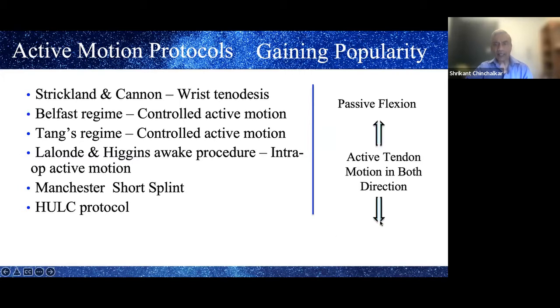We can see that there is active tendon motion in both directions, towards flexion and towards extension as well. By doing active motion in both directions, the tendons have a greater ability to glide proximally and a greater ability to glide distally. Now, I would like to bring to your attention that whenever we perform motion in extension, both these tendons glide distally because of extension of the PIP and DIP joints.